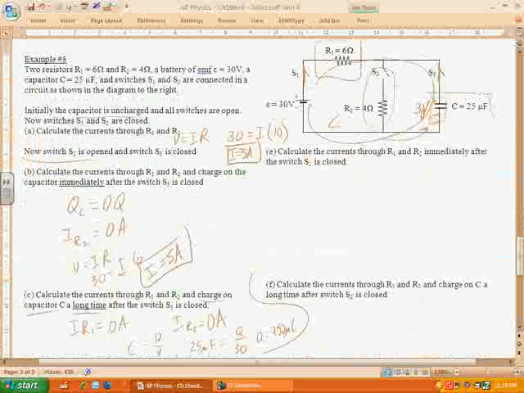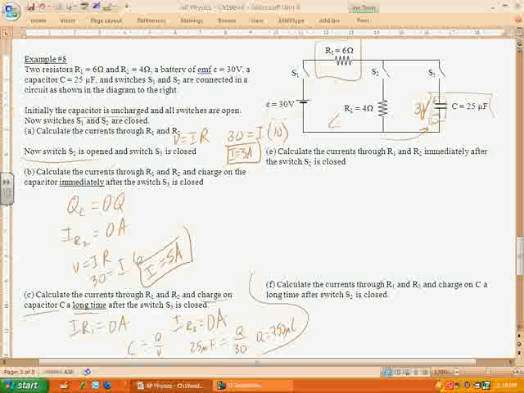So now calculate the currents through R1 and R2 immediately after switch 2 is closed. Well, R1 is no longer part of the circuit, so the current through R1 is going to be 0, because only R2 is part of the circuit. So if we want to do that, we're going to use our little bit of math, V equals IR. Now we have a potential of 30.